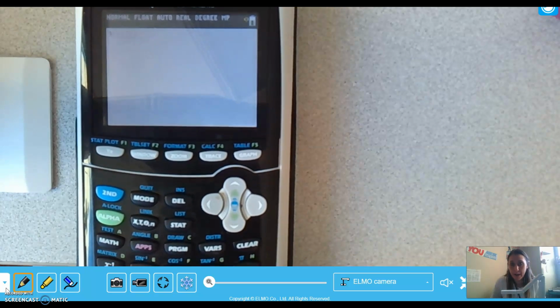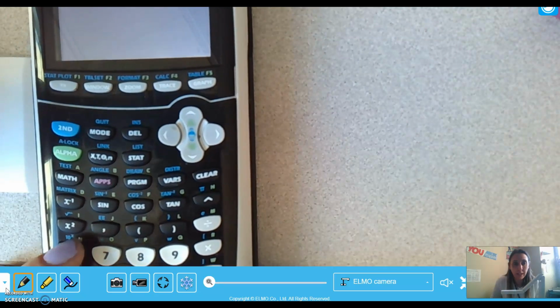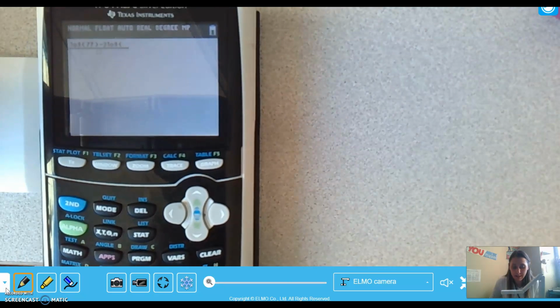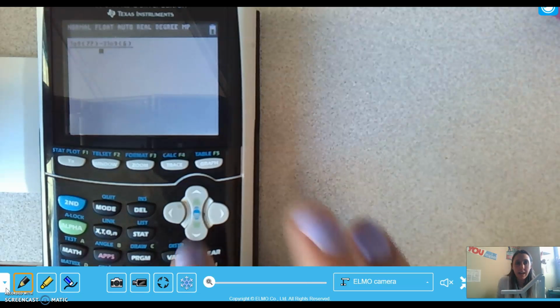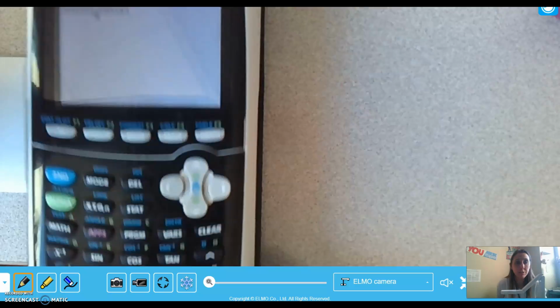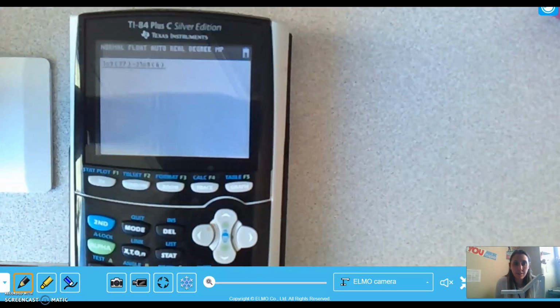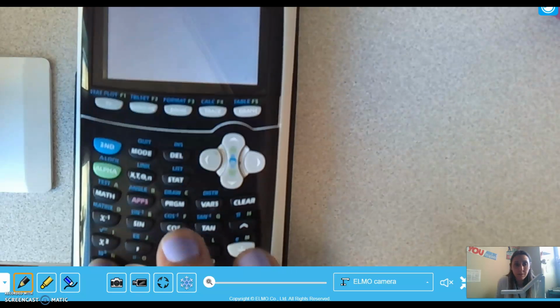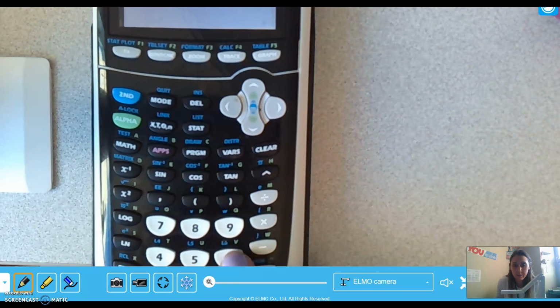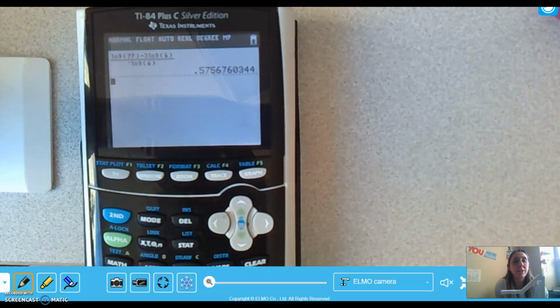Then minus, so you need to use the subtraction, 3 log of 6, and then that's going to be divided by negative, so make sure you use the negative key right here, negative log 6, close the parenthesis, and hit enter. And you should have gotten 0.575, whatever all this is. I will tell you what to round to.